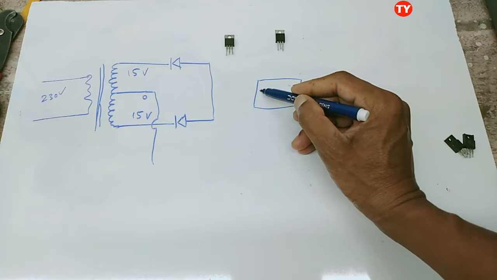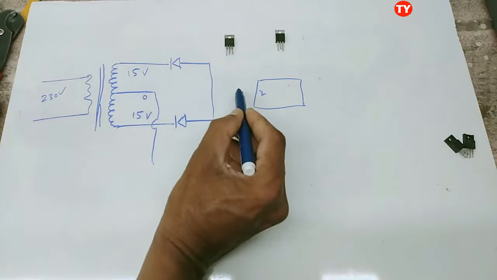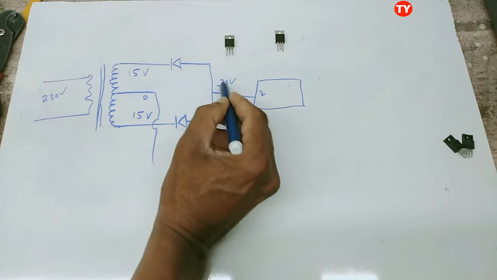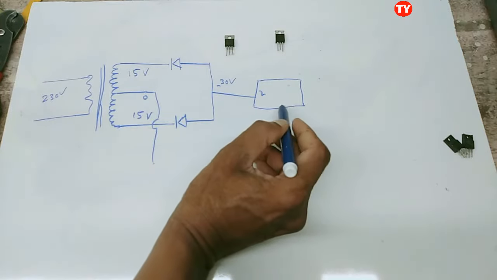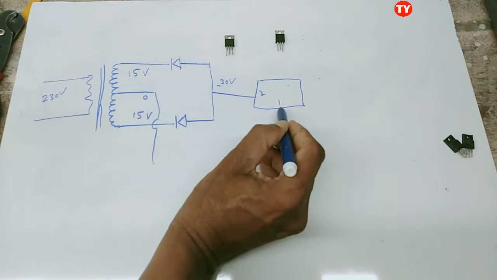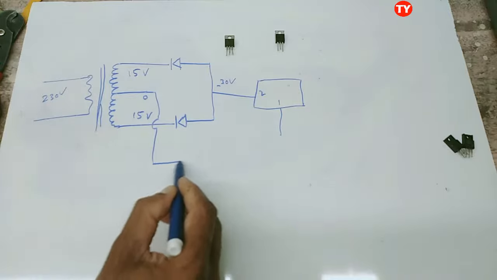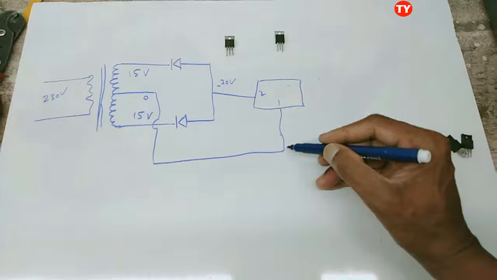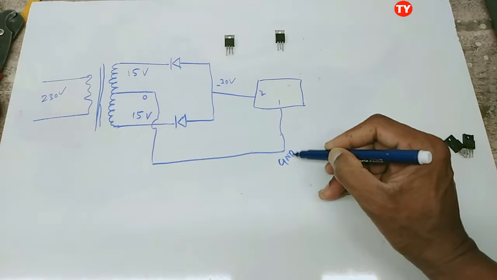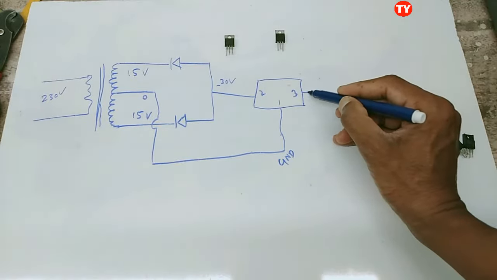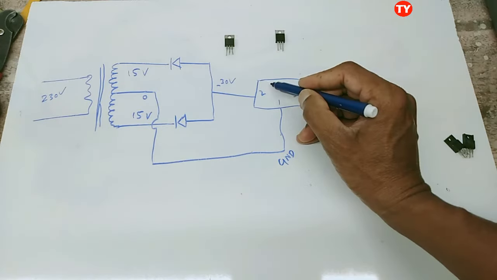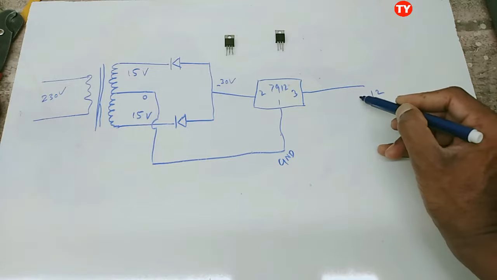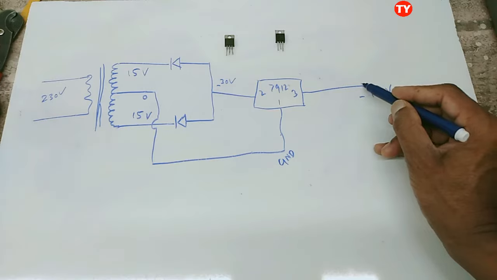Pin number 2 here input, minus 30 volt given here. Pin number 1 here grounded. Pin number 3 out, 7912. Here we will get minus 12 volt.